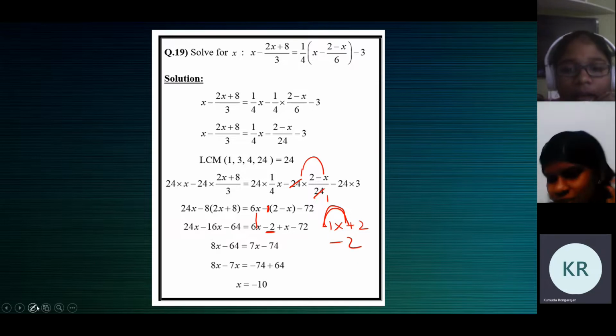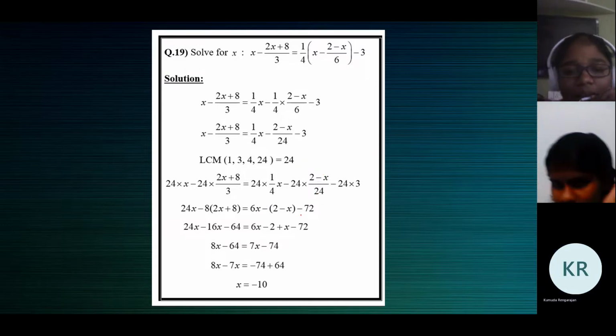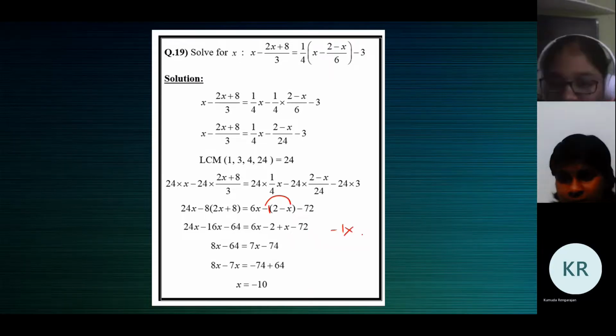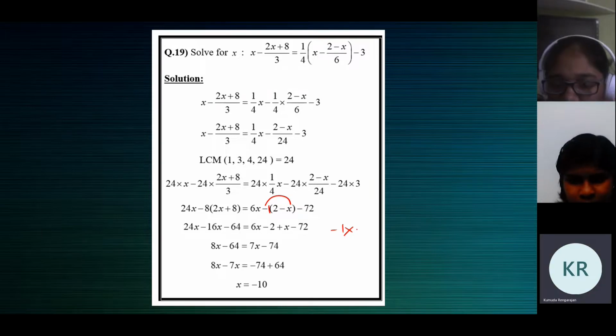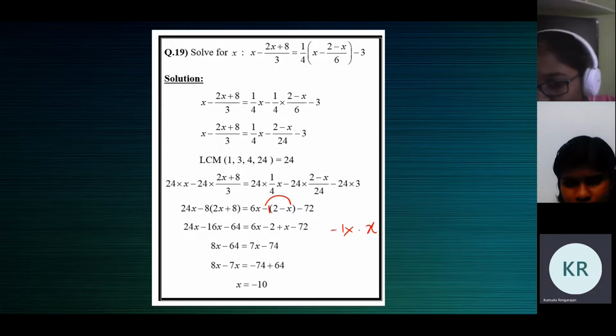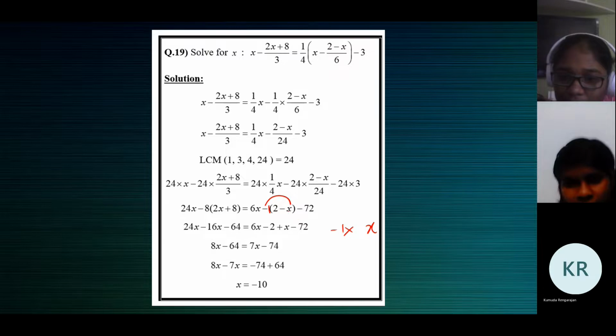Next, what did you multiply? Minus 1 into x. Minus 1 into? X, ma'am. What sign does x have? Plus, ma'am. What is the sign before x here?